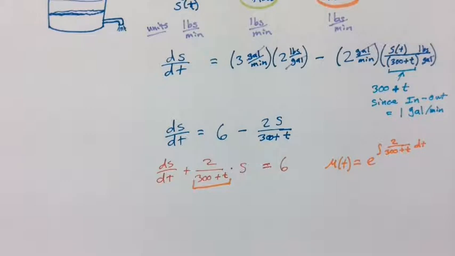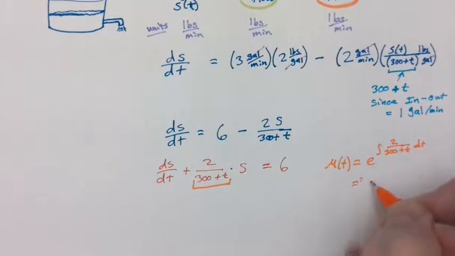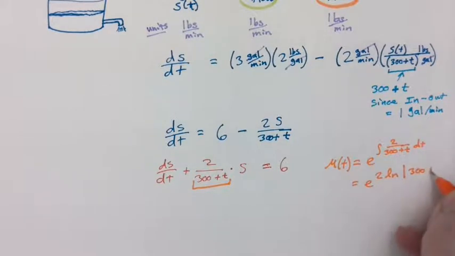It's not that bad. This becomes e to the 2 natural log absolute value of 300 plus t. Ignore the constant. When you pull the 2 inside, make it a square, the e and the natural log cancel, and you wind up with the integrating factor equal to 300 plus t quantity squared.